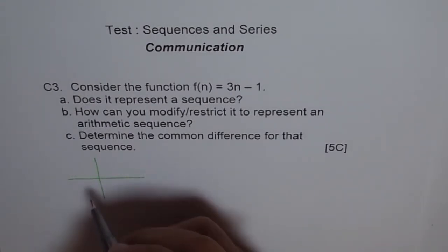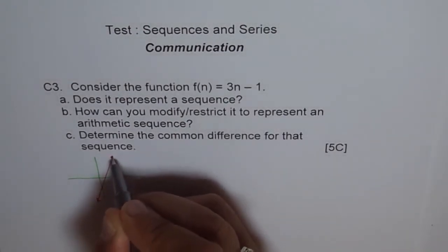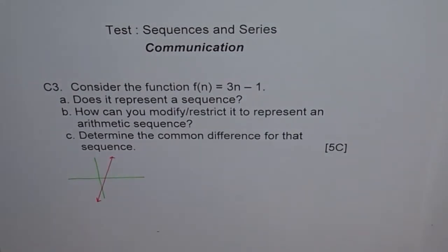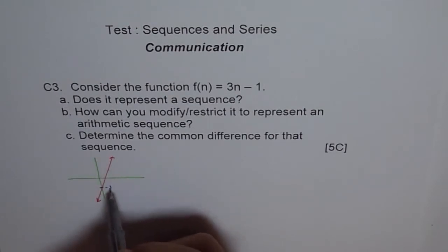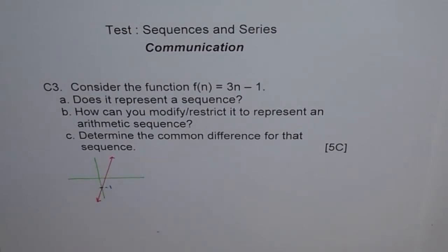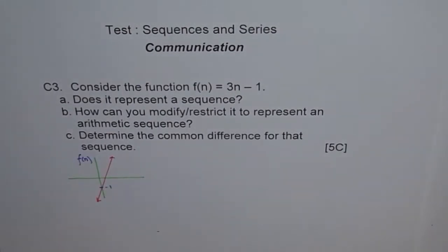And that could be a line which will go like this, where the y-intercept is minus 1 and the rise is 3. For every 1 unit, it will go up 3 units. And that is function f of n for us. As you can see, it is a continuous function, and therefore it is not a sequence.